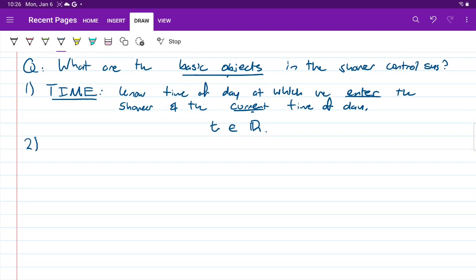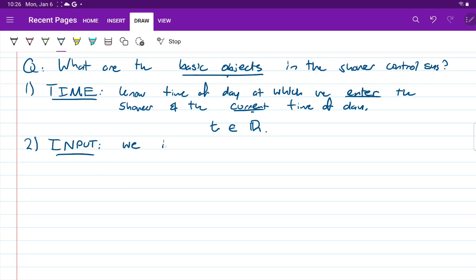Well, in the examples above, we were using the shower handle to control the state of the system, right? So in control, this is something that we refer to as an input to the system. So our second object is an input, right?